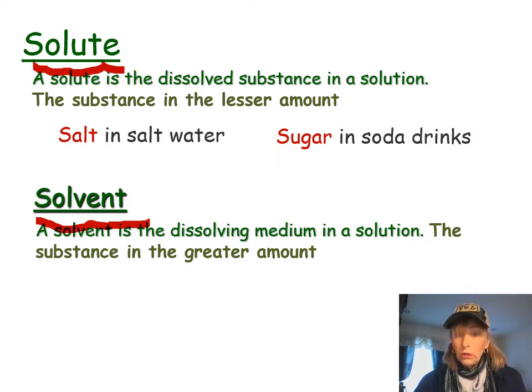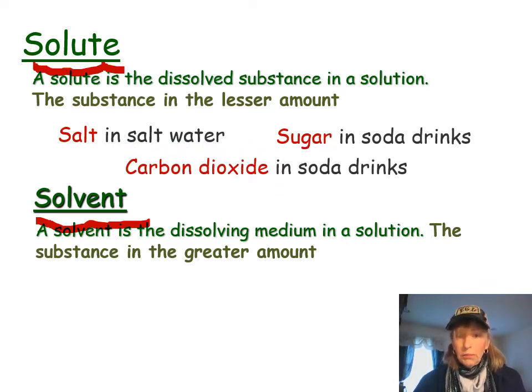The sugar in a soda drink would be an example of a solute because it occurs in the lesser amount. The water is in the larger amount. Going back to the soda drinks, there are bubbles. Carbon dioxide is a solute in soda drinks. It is there in lesser amount than the water, which is the solvent.